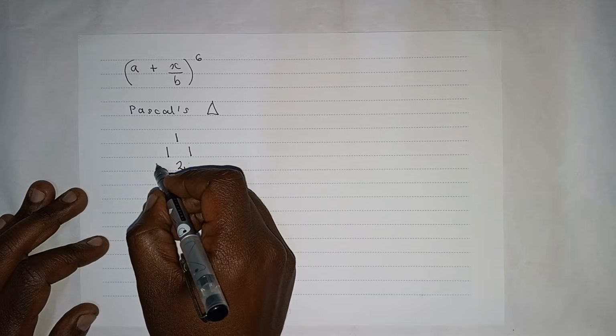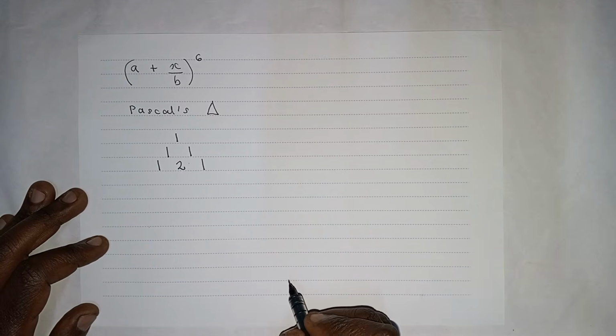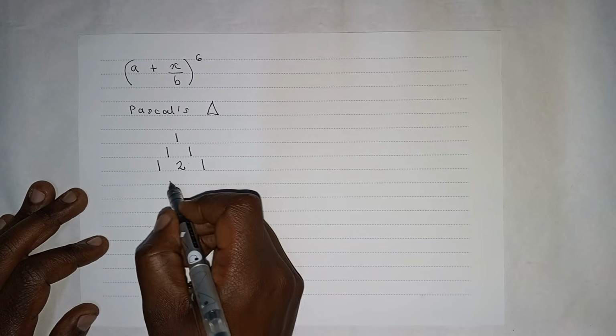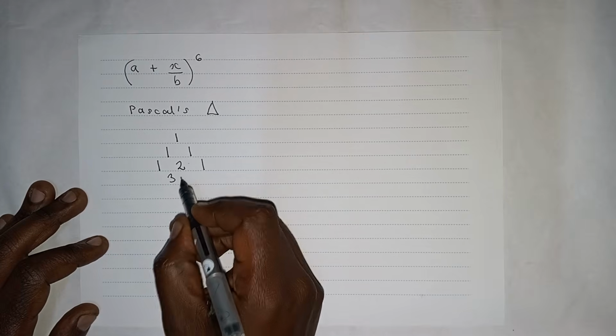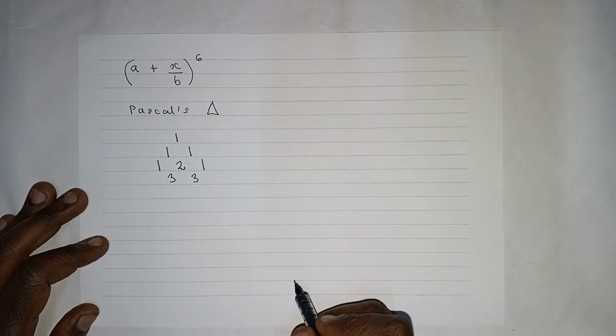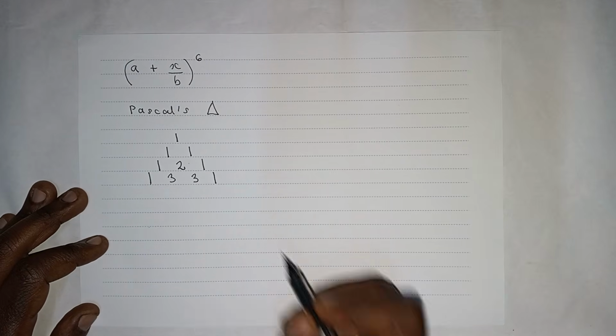And the first and last numbers are always 1s. To get the interior number here, we'll add this one and this one to give us 3. We're going to add this one and this one to give us this 3 interior number. And the first and last numbers are always 1.